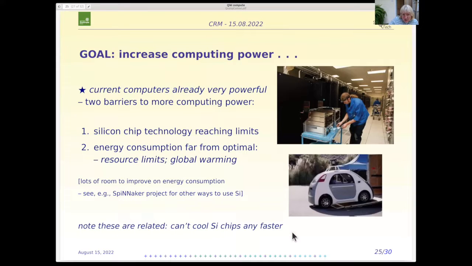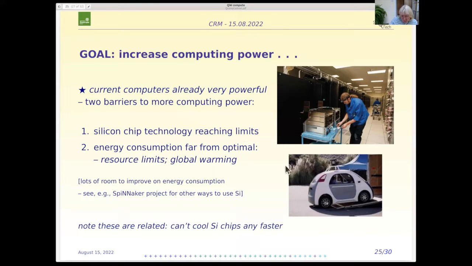So if our goal is to increase computing power by using quantum, for example, we have to note that current computers are already very powerful. But they're not getting that much more powerful because silicon chip technology has more or less reached its limits in terms of delivering more compute power.